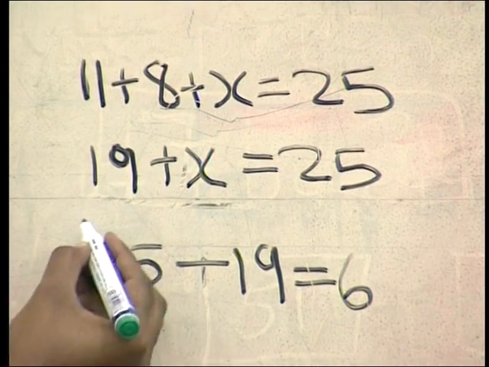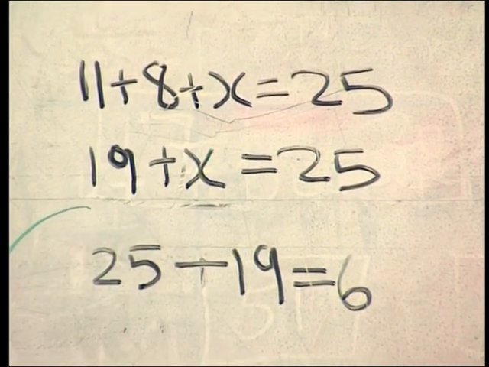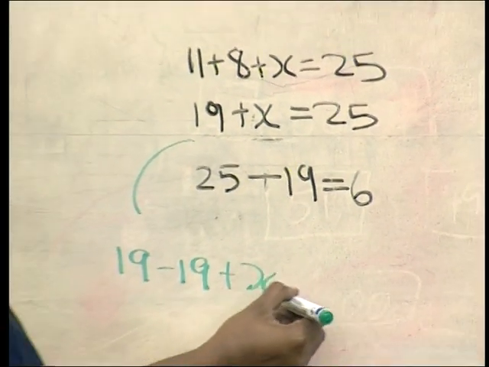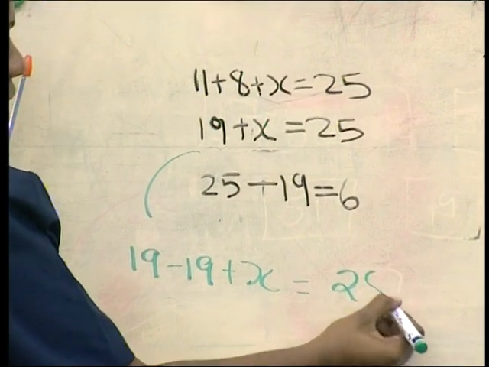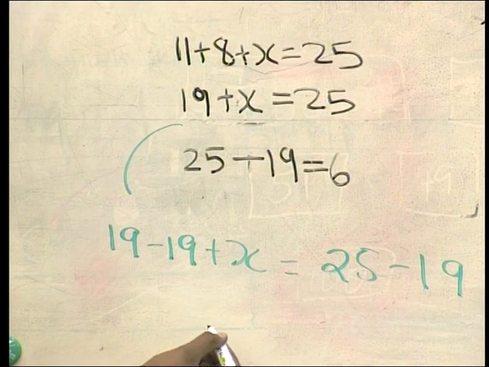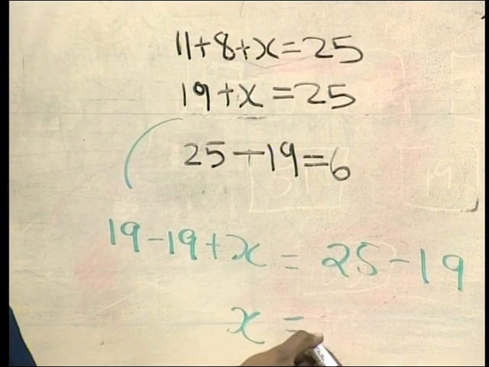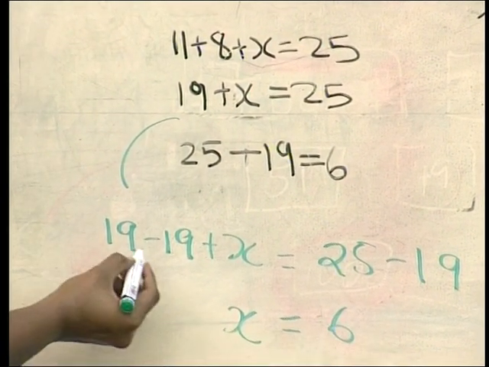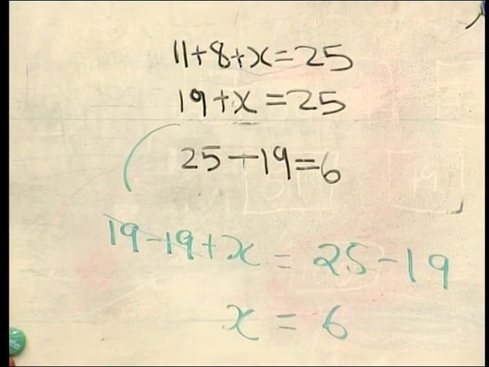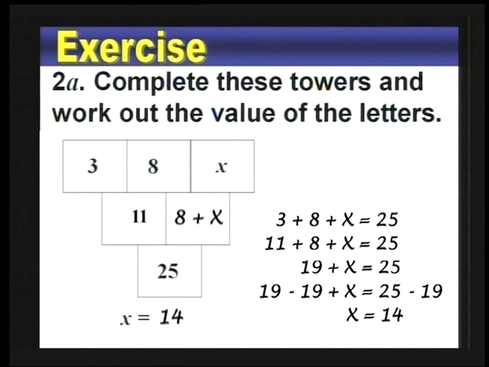So you should have something like this. 19 minus 19 plus X is equal to 25 minus 19, which is equal to X is equal to 6. So here you cross off and you have X on its own. Okay? Are we concentrating? That's how you find the value of X.